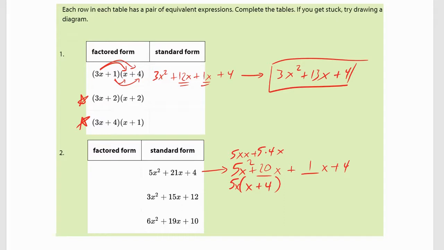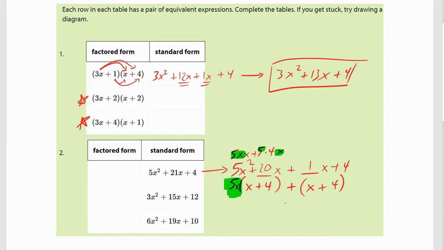So all I really did was take out the 5x from both of them. My computer was freezing for a second. Got scared. All right. And we still have the 1x plus the 4.